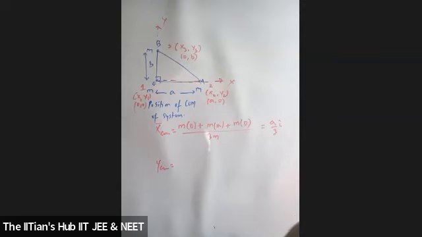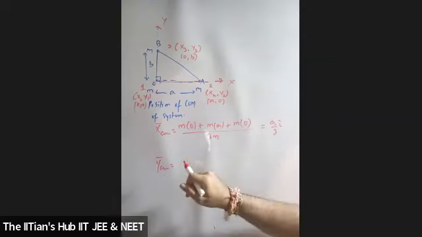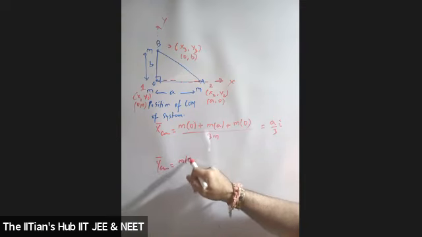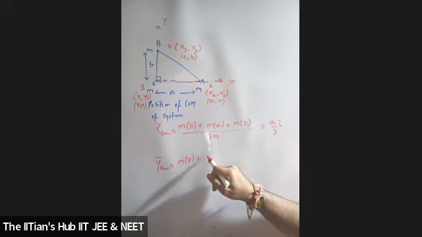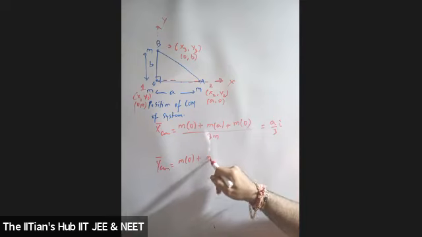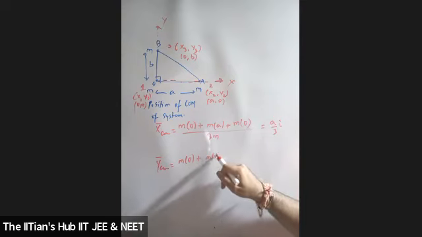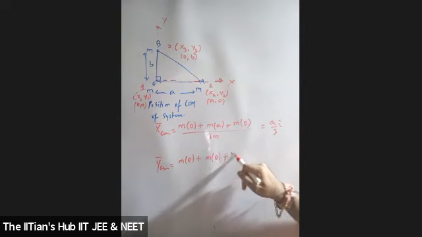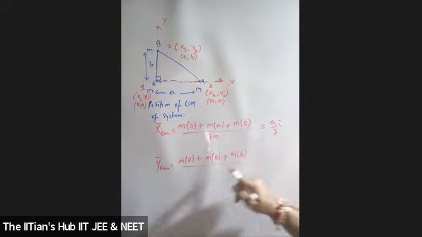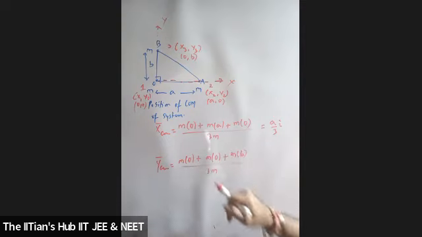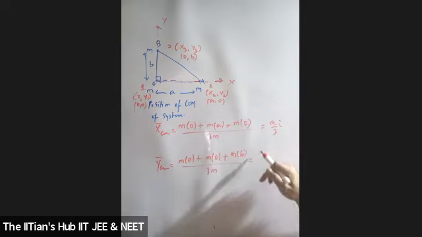In terms of vector, A by 3 i cap. YCOM is M Y1 plus M Y2 plus M Y3 upon 3M, that is 0 plus 0 plus M into B upon 3M. So this will be B by 3 j cap. Absolutely correct. Swapnil is also correct.